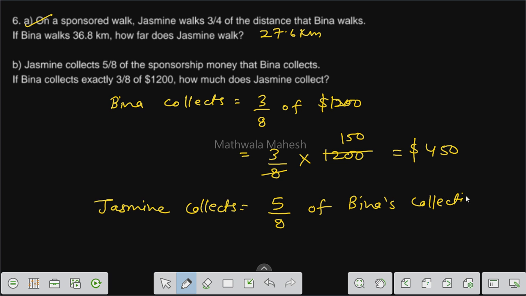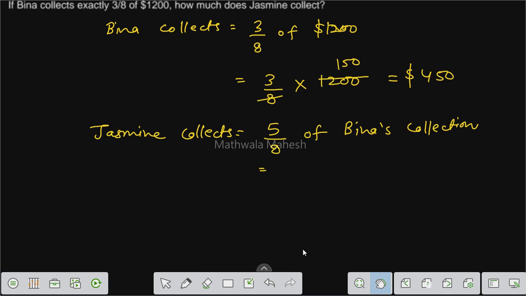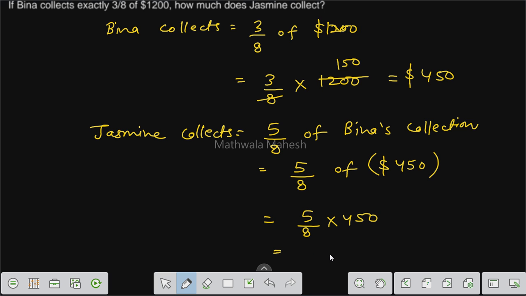Okay. 5 by 8 of $450 means 5 by 8 into 450, and if we further calculate, then we will get $281.25.